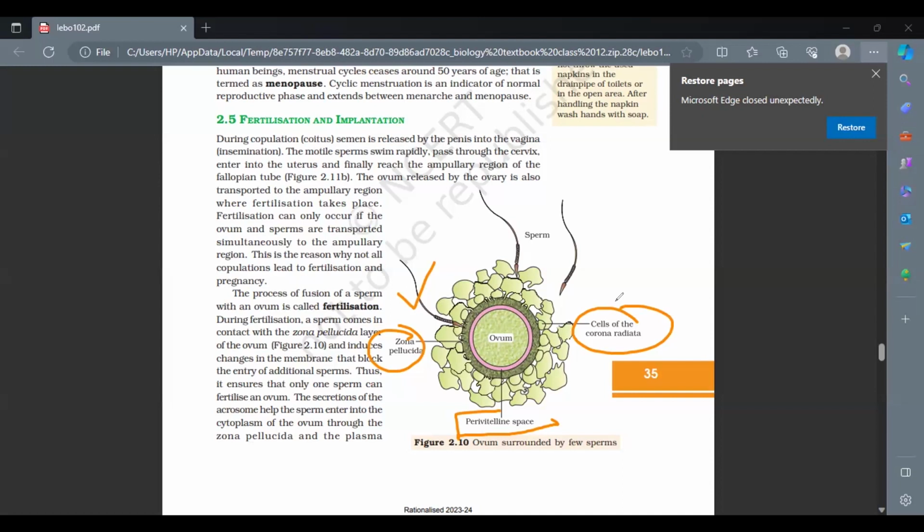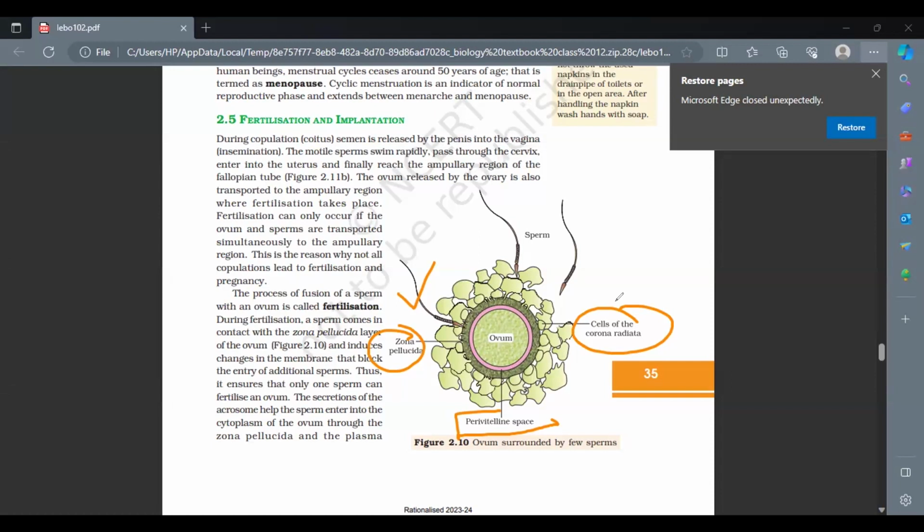There is also a reaction that happens. As soon as the sperm penetrates through the corona radiata and reaches the zona pellucida region, it changes the membrane that is surrounding the ovum. This is a very important point. As soon as the sperm is able to erode through the zona pellucida, it reaches the region of the perivitelline space, liberating its gamete there.